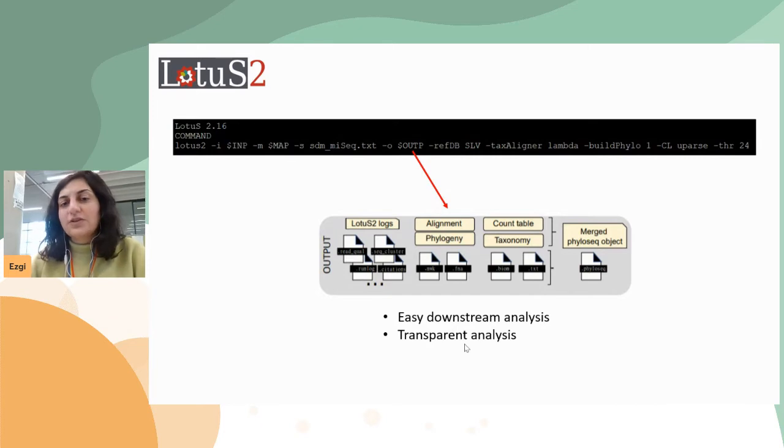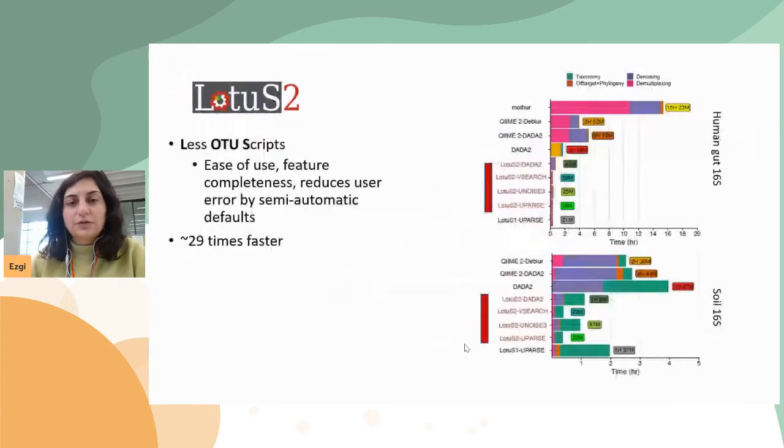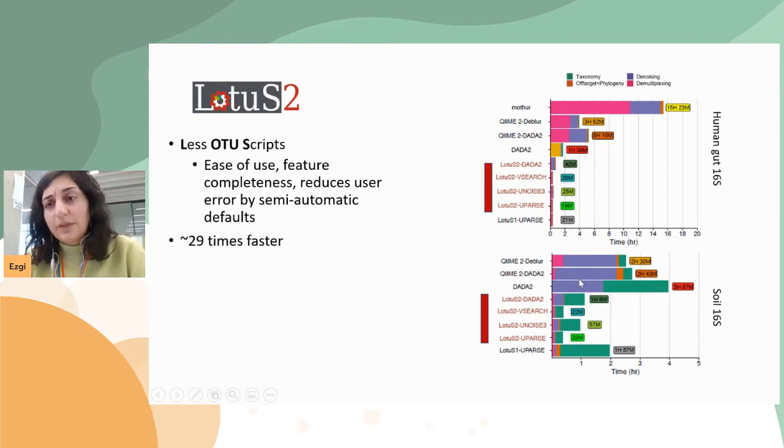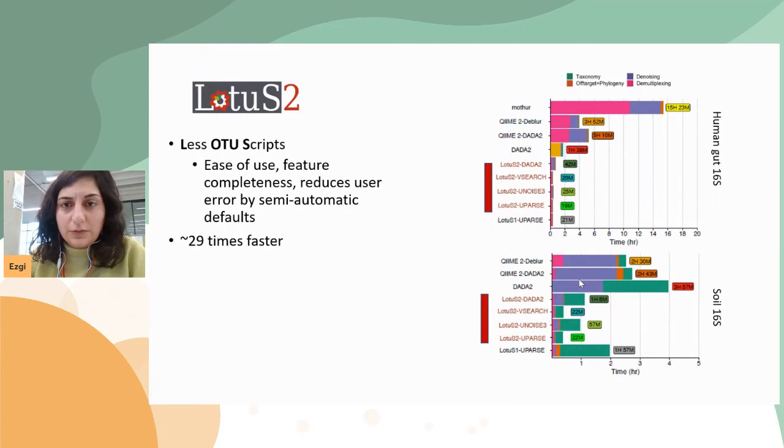So this was an introduction to LotuS2, and now I want to demonstrate to you its computational power, but more importantly, I would like to show its precision and reliability. To benchmark the computational power of LotuS2, we analyzed human gut and soil 16S datasets using LotuS2 and other amplicon analysis pipelines.